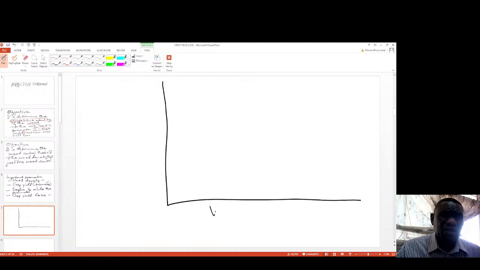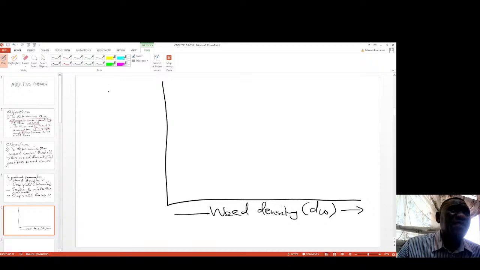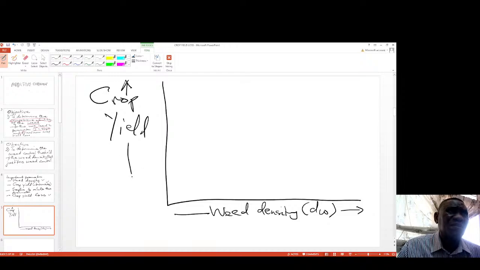So if we have a weed density here, and the crop yield, we may get something like this.